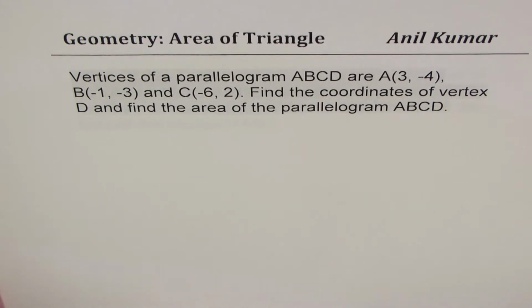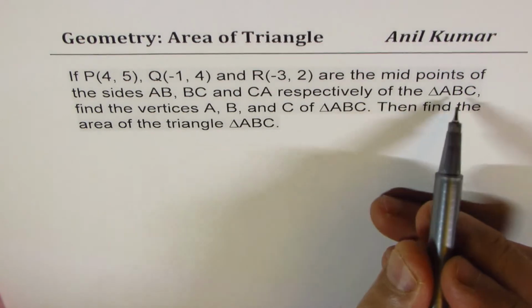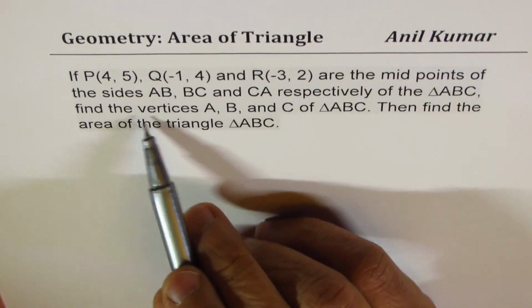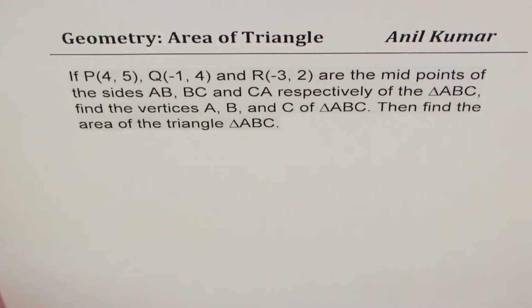So now let's begin by solving these questions one by one. So here is the very first question, which is, if P, Q and R are midpoints of the sides AB, BC and CA respectively of the triangle ABC, find the vertices A, B and C of the triangle, then find the area, correct?